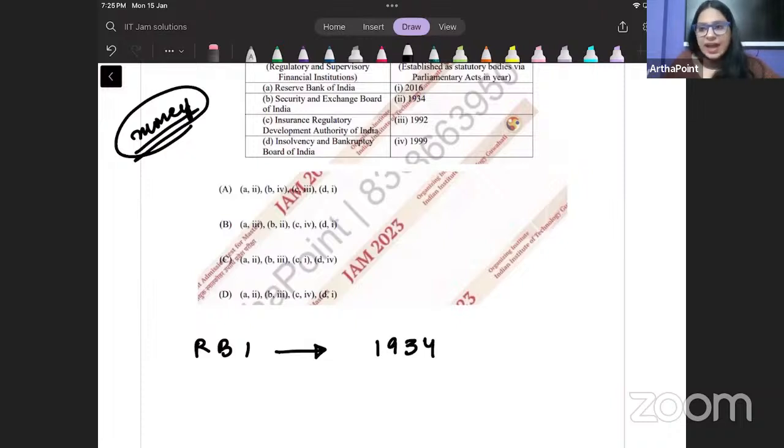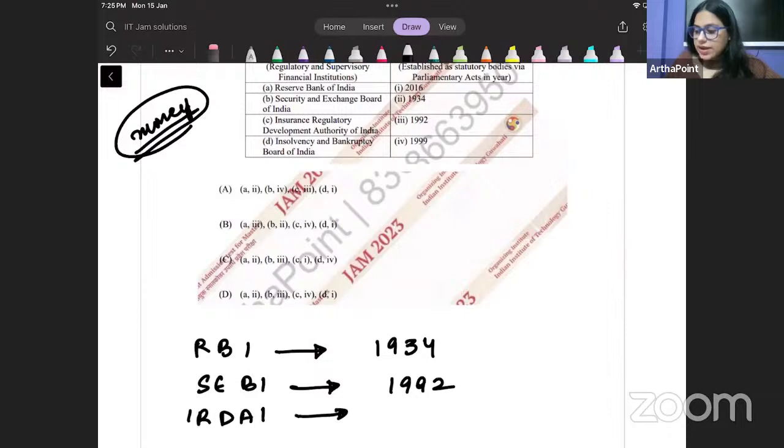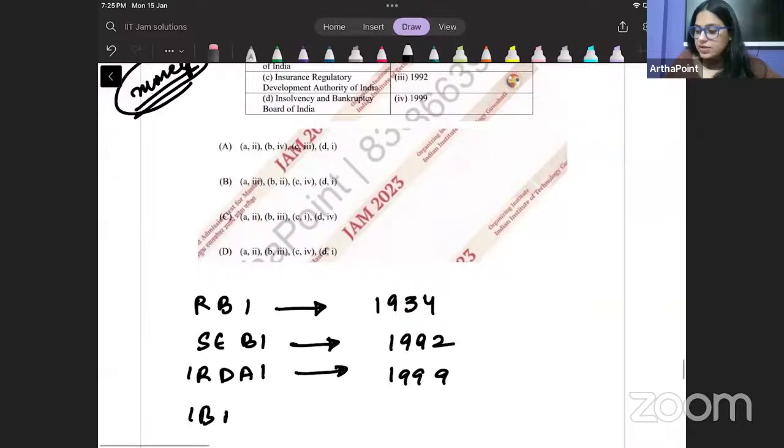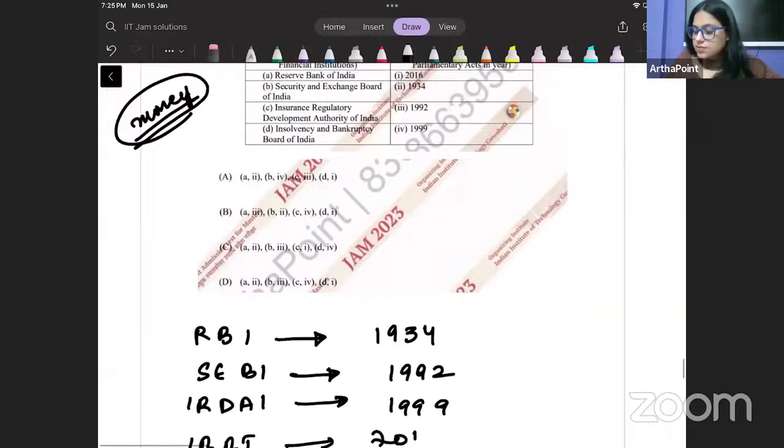And this was in Calcutta. So this is before independence. Then you have your SEBI. Your SEBI actually came in 1992. Then you have your Insurance Regulatory Development Authority of India. That came in 1999. And then you have the Insolvency Bankruptcy Board of India that came in 2016.